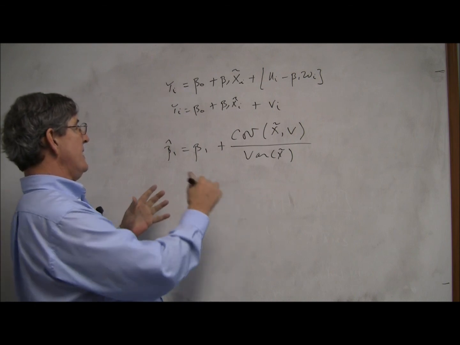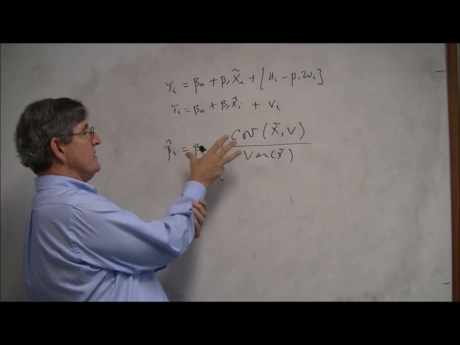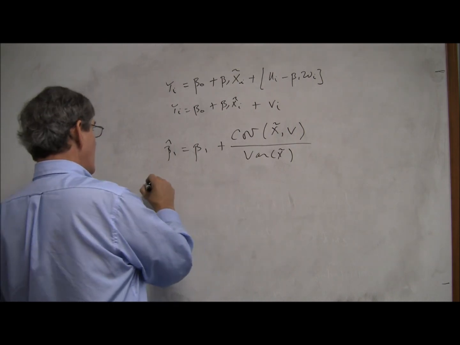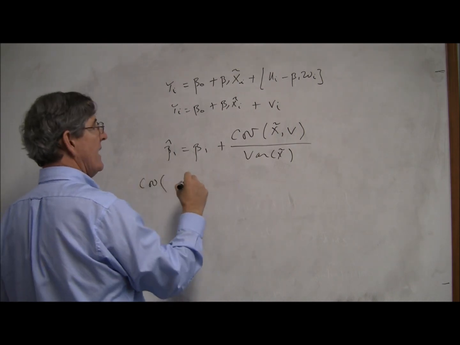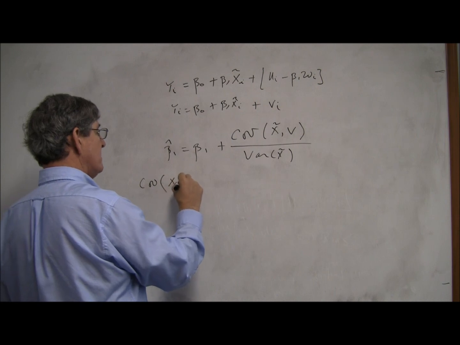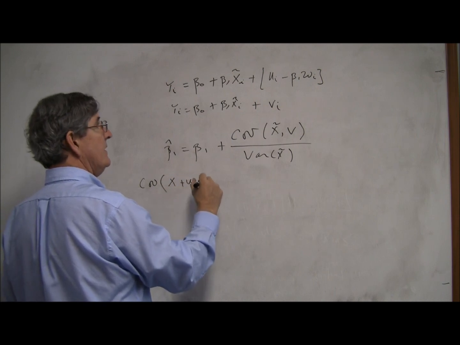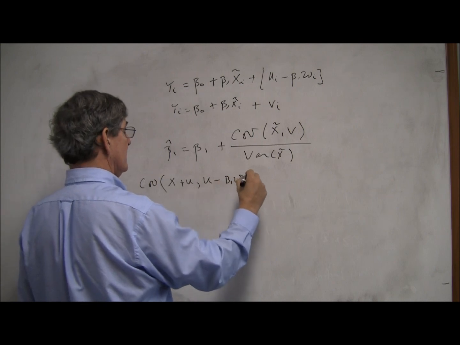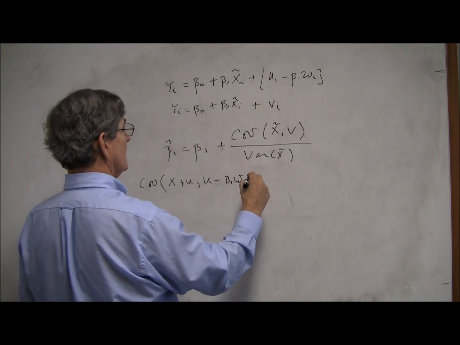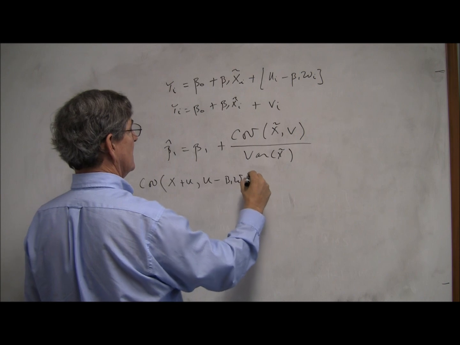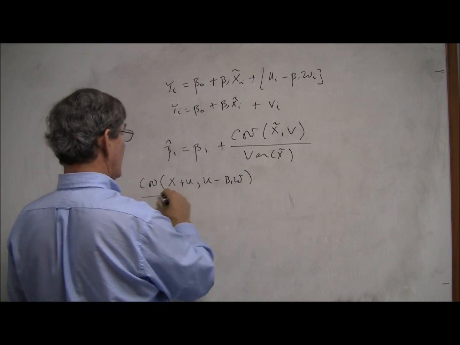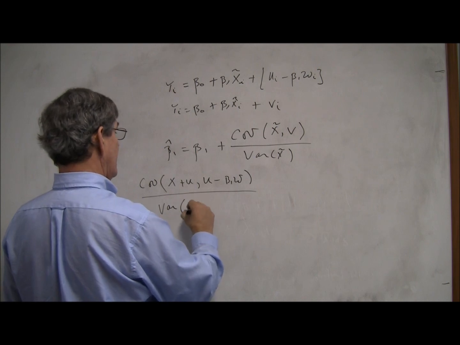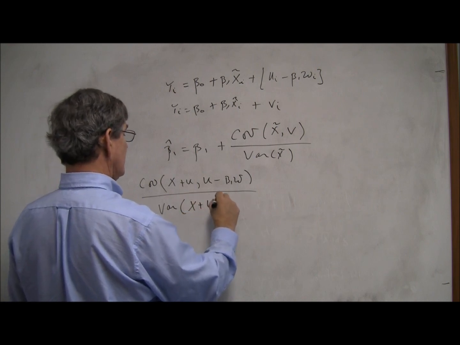So as n goes to infinity, beta 1 hat converges to this. But what is the covariance of x tilde and v? x tilde is x plus w, and v is u minus beta 1 w, over the variance of x plus w.